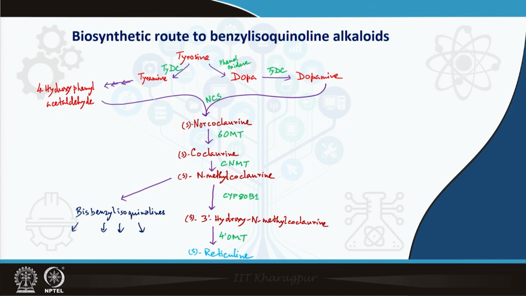So, reticuline is the branching point. This is basically the early steps of benzyl isoquinoline alkaloid biosynthesis, starting from the precursor tyrosine, and it makes norcoclaurine, coclaurine, N-methyl coclaurine, and this requires a lot of methyltransferases, that is why 6-OMT, CNMT, and then 4'-OMT, and in between there is a hydroxyl group addition, that is why CYP80B1 is there.